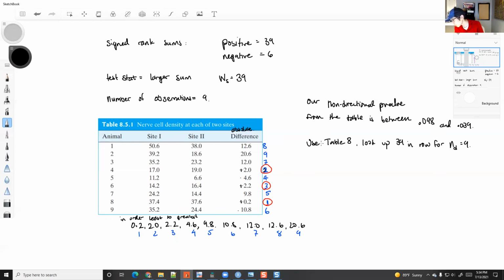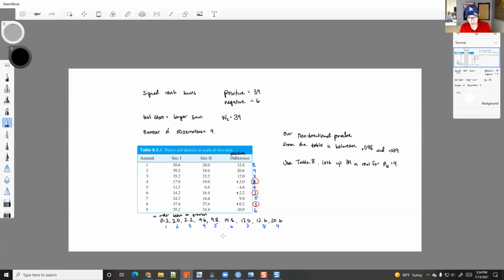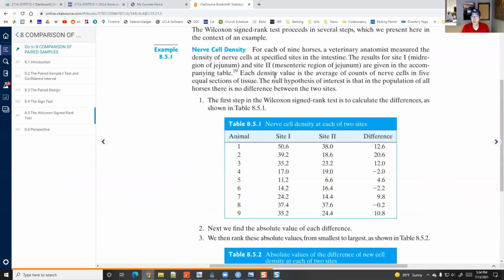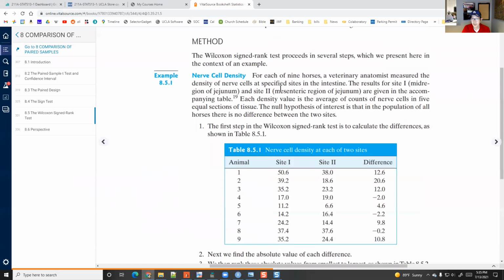So it all comes down to what was phrased in the question. Let's see. Measured this nerve cell density. The null hypothesis is that in the population of all horses, there's no difference between the two sites, and that's it.